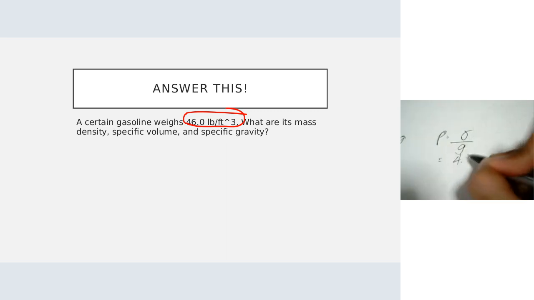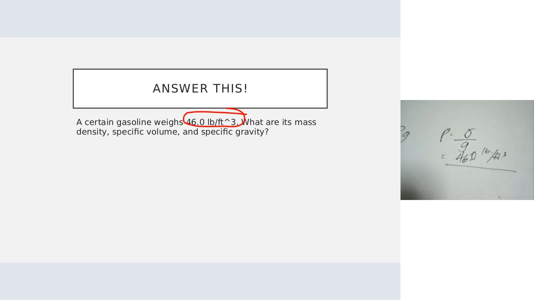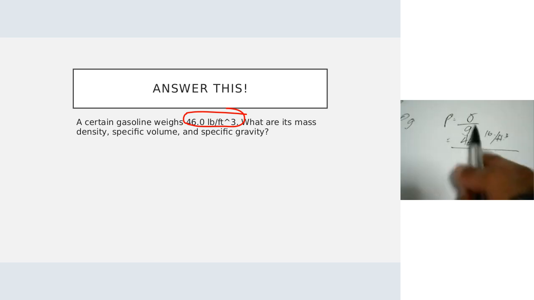So this is 46.0 pound per cubic foot divided by what? What is the gravitational acceleration in English unit? It is 32.2. Okay, very good. It's 32.2 feet per second squared.